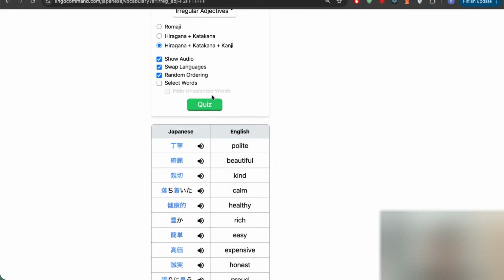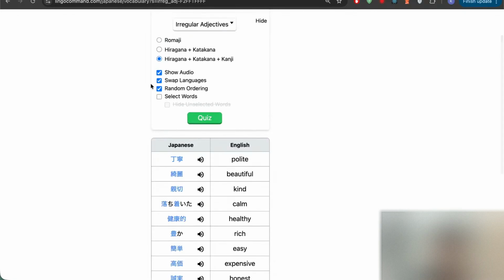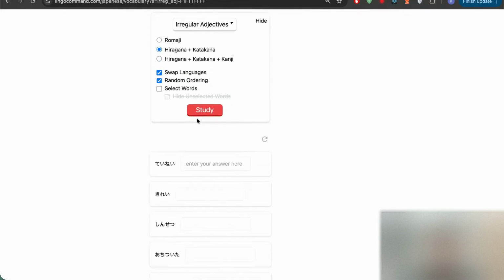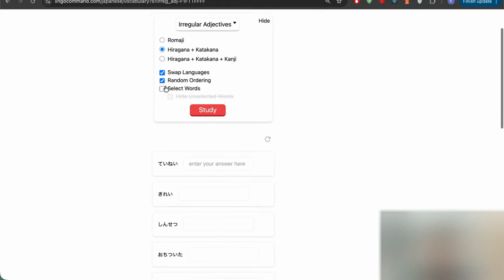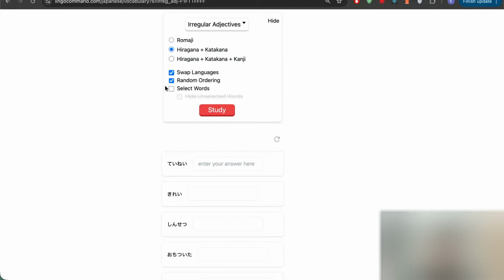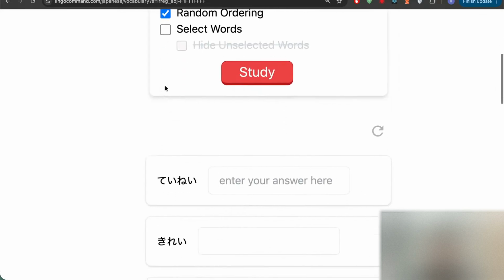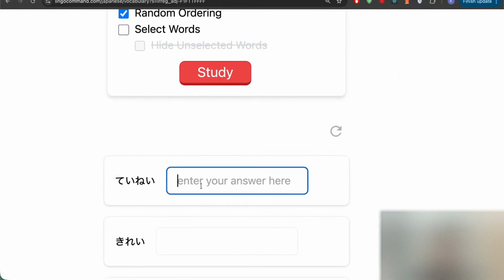So we've got a list here of irregular adjectives in Japanese. Now, of course, we can start doing kanji, but it's been a while since I even looked at this list. So let's practice writing the hiragana. We'll start with the easiest step. We're going to get the question in Japanese using hiragana, and then we're going to try and write the English. So teine, I think means polite.